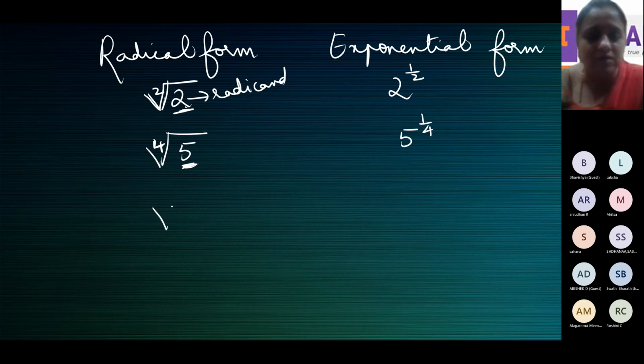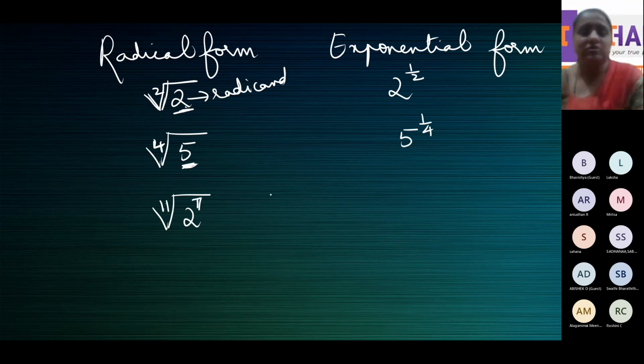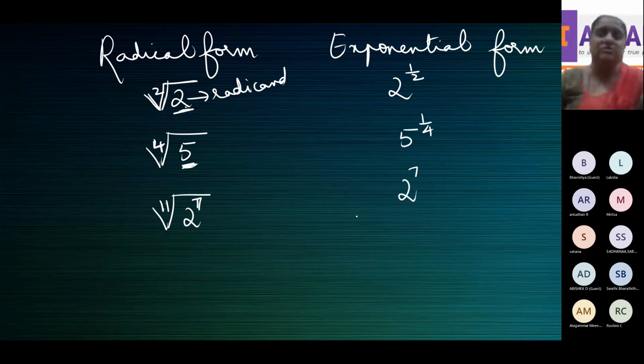Now, supposing you have, say, the 11th root of 2 to the power, for example, 2 to the power 7. Write the 2 to the power 7 as it is.